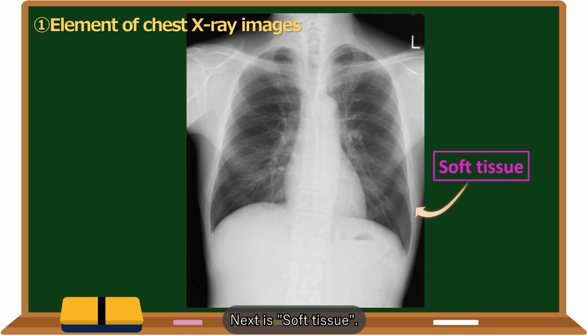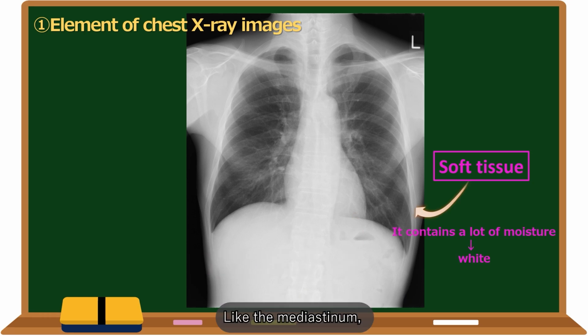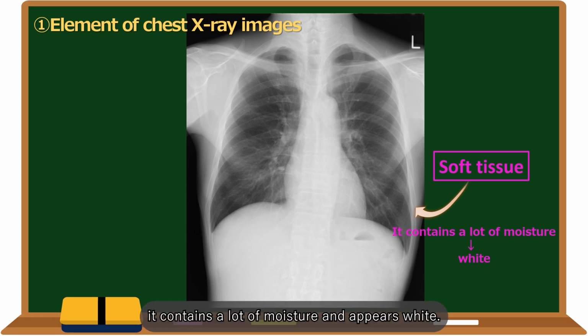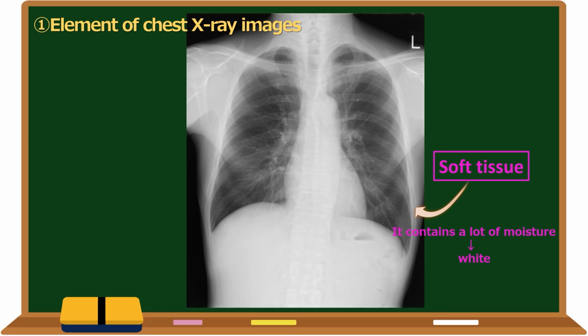Next is soft tissue. Like the mediastinum, it contains a lot of moisture and appears white. If a white region overlaps here, it becomes difficult to point out.